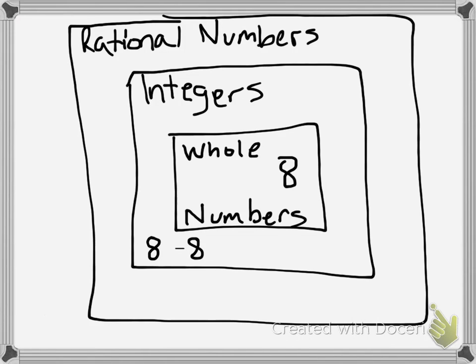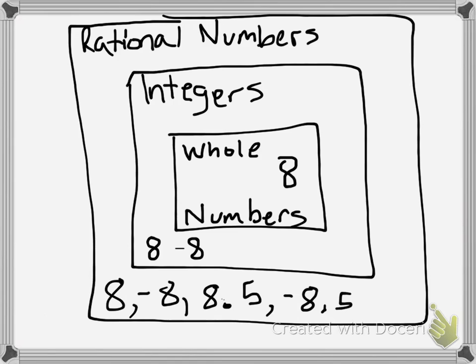Now we go to a little bigger club. This is the club of rational numbers. Now rational numbers include integers, and of course they include whole numbers, but rational numbers include even more. Rational numbers include all of the numbers we might think of as normal, typical numbers. So we'd have 8, just like a whole number, and we'd also have negative 8, just like in the integer club, but then we'd also have numbers like 8.5. We'd also have numbers like negative 8.5.